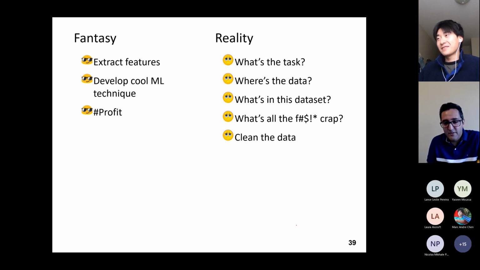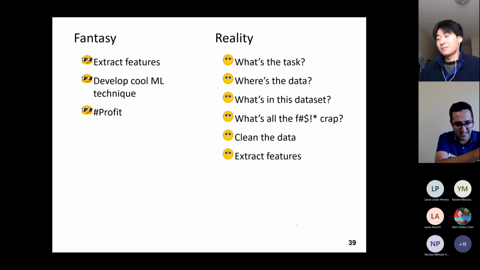And then you clean the data, because traces and data sets are just full of garbage, or things that you simply don't need. You need to prepare the format for what you want to do next, and then you can extract features. Why do you put this sad face right beside it? It's exactly like fantasy. I'll get back to that.